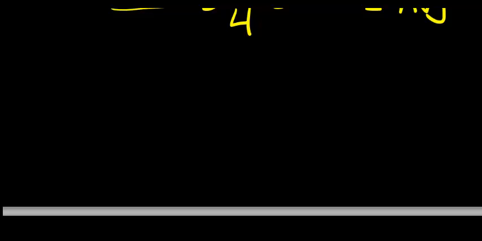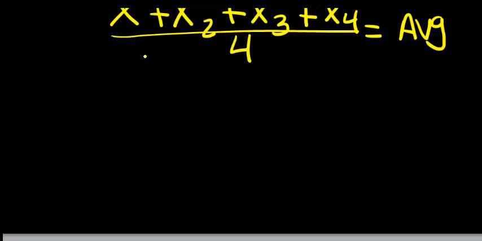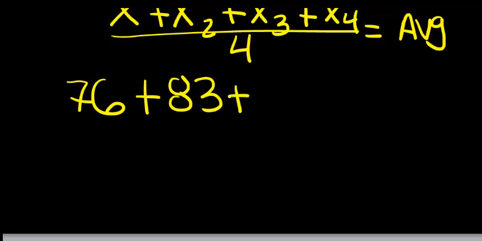So his first test was a 76. His next test was an 83. And his third test was a 90. His fourth test, we don't know what it is. If we don't know what a quantity is, we have to represent it with a variable.